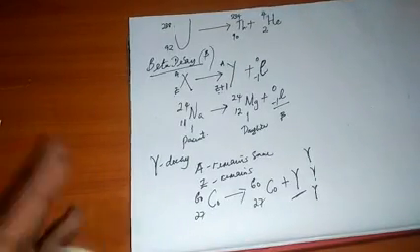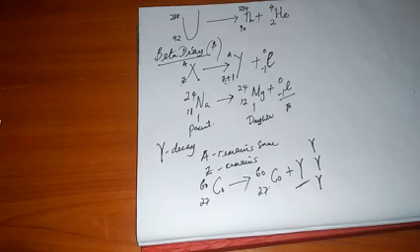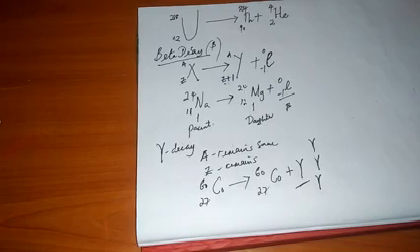Now, we have come to the end of this short session. Briefly, what we have said: you must be able to define different terms. You must be able to define radioactivity as a spontaneous disintegration of an unstable nucleus to form a stable one. There are different ways, but the keywords must be captured.